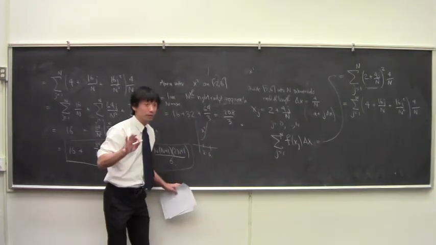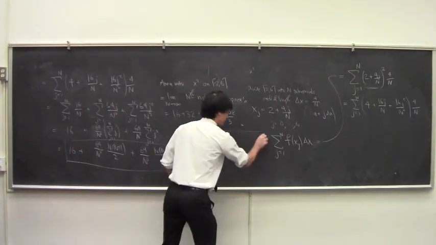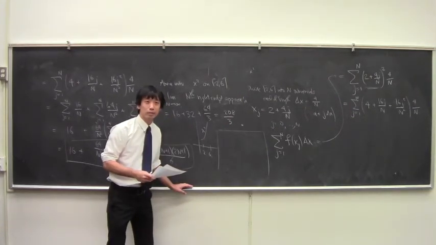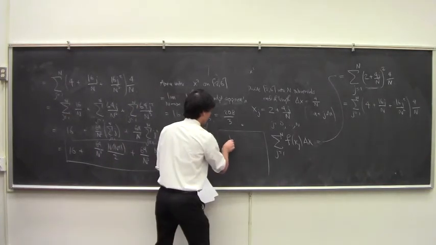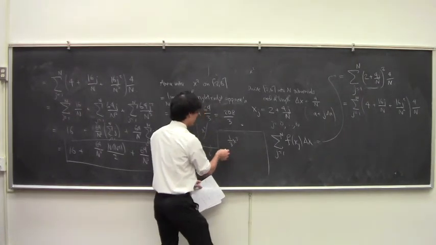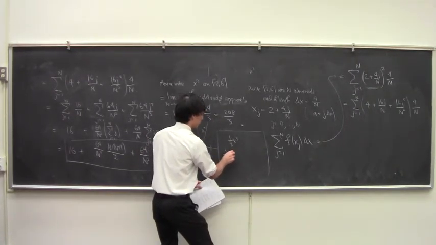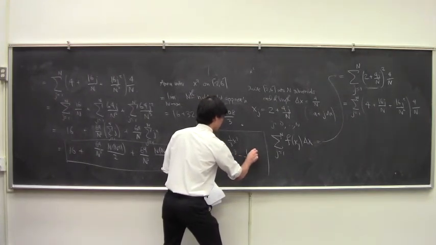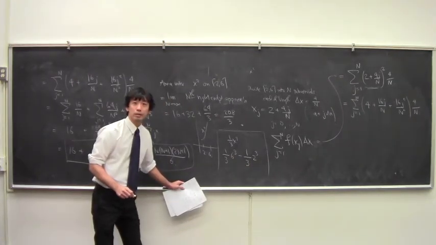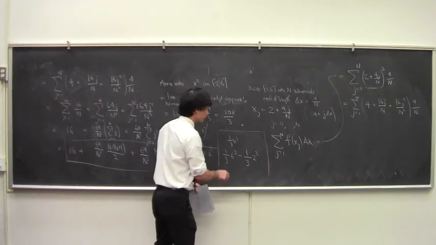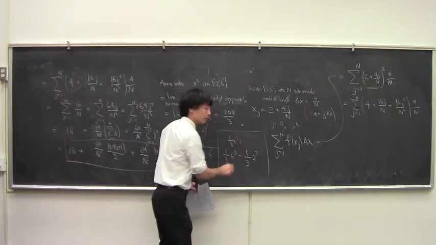Hold on for 1 second. Before you go, what's an antiderivative of x squared? 1/3 of x cubed. Okay? Let's take 1/3 of x cubed and evaluate it at the endpoints, and then take the difference.